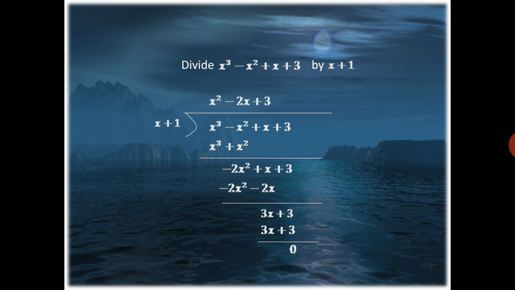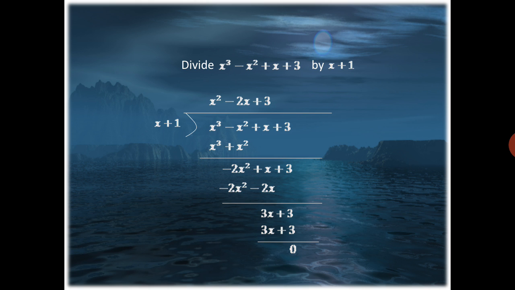That is how we come upon minus 2x, which is written in the quotient. That is the second multiplication to be done. Now minus 2x is again to be multiplied by x as well as 1 in the divisor. That is how we get the next step, minus 2x square minus 2x.